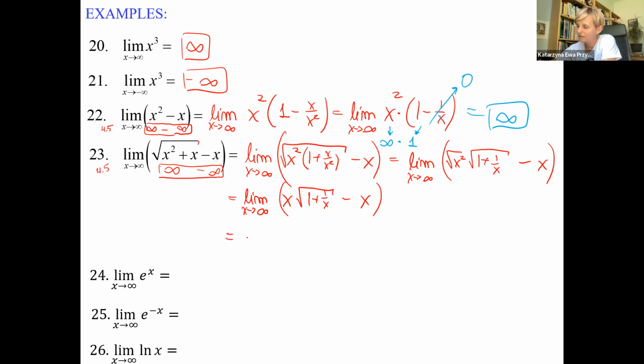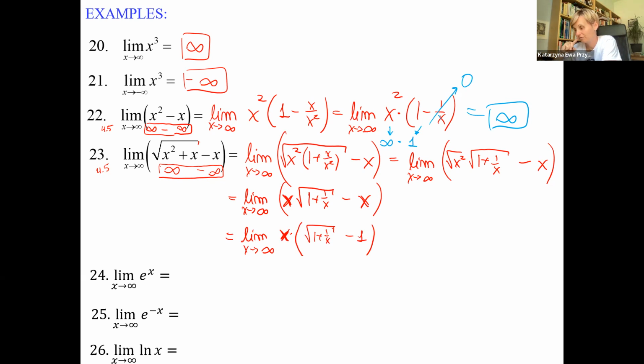Okay, let me align the equal signs, you know how I like to do that. Now, x and x is a common factor. Let's factor out. We will get this minus 1.